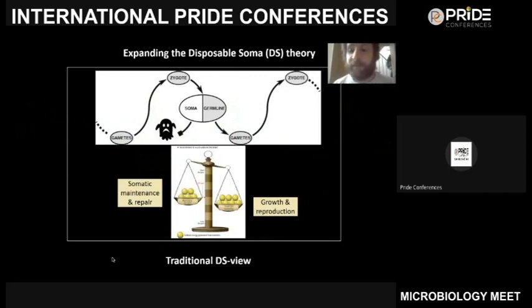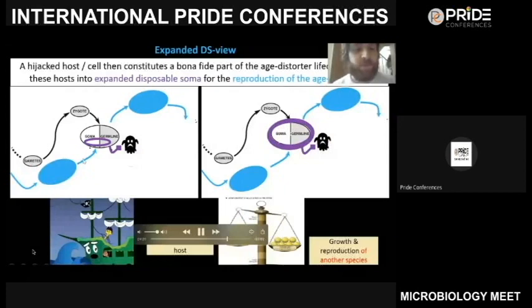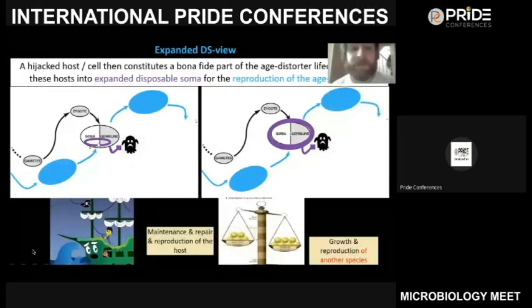And likewise, the disposable soma theory is going to be expanded. You remember that in this theory, what matters to aging is that the soma is disposable and to the benefit of the germline, and therefore the energy goes to the growth and reproduction of the germline and not to the somatic maintenance and repair. But if you now consider age disorders, you have a comparable situation by analogy. You have in fact now a given age disorder, in blue, that takes control over part of the host body, and this part may be in the germline or it may be in the soma.